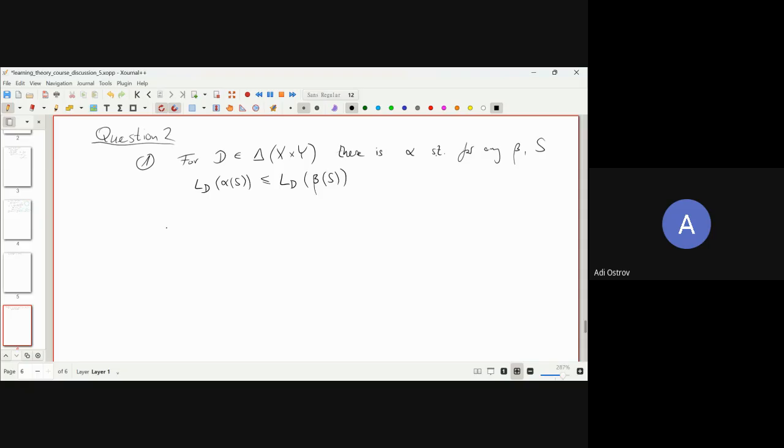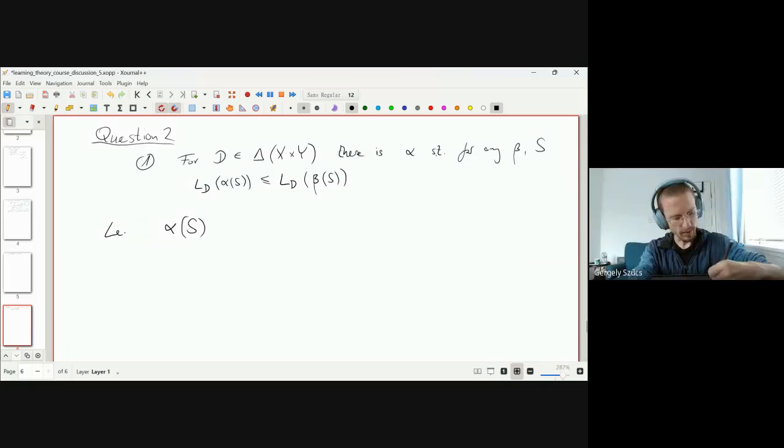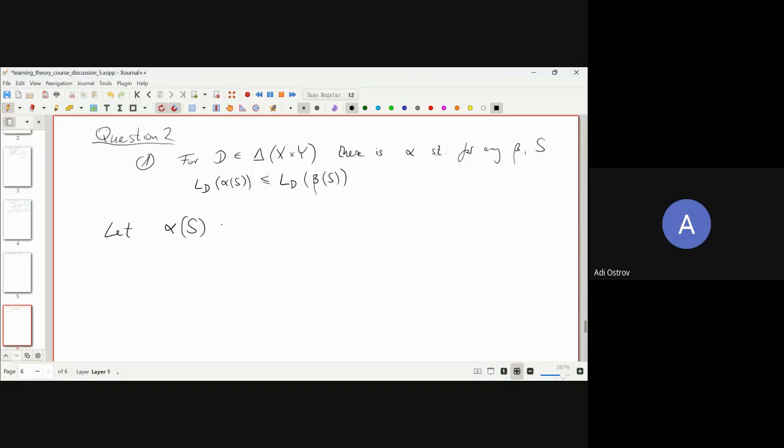And since we took the optimal hypothesis, it's always going to have minimal loss. So we define A of S, for any S, to be the argmin over the hypotheses.